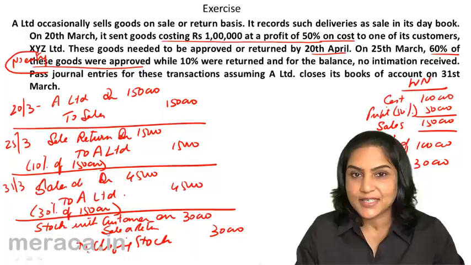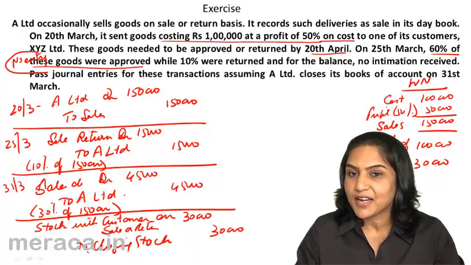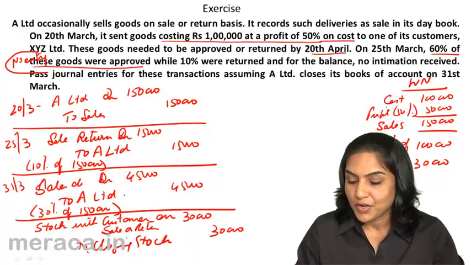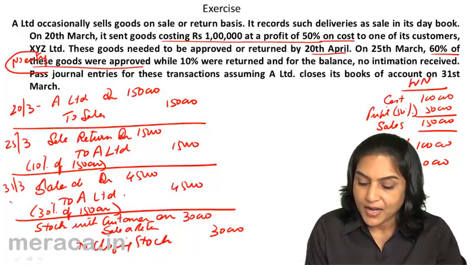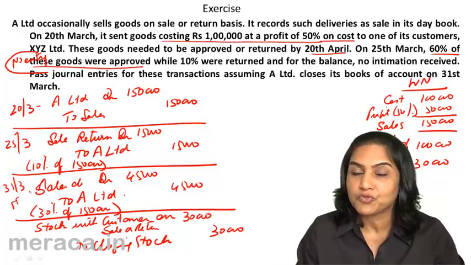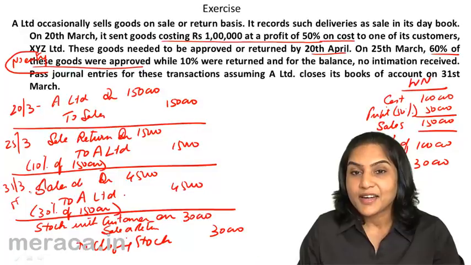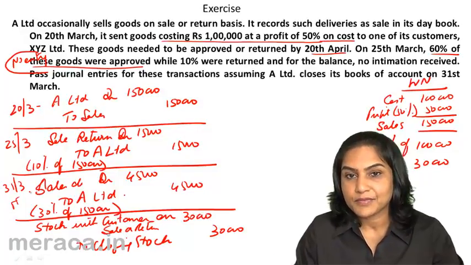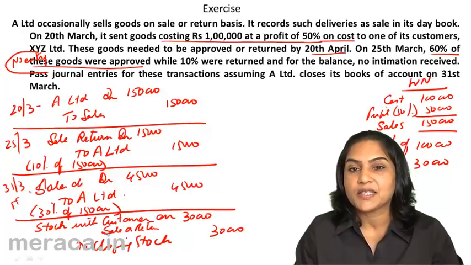In the coming year, if the customer approves of these goods, we need to pass a sale transaction because we have cancelled the sale transaction with respect to the goods which are lying with the customer, not approved, not returned. However, if the customer returns these goods, we need not pass any entry.